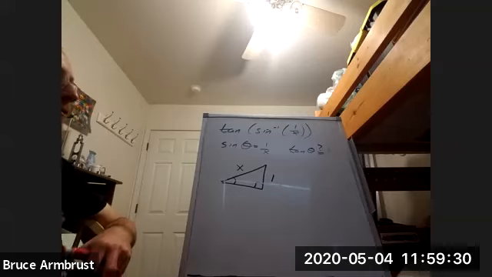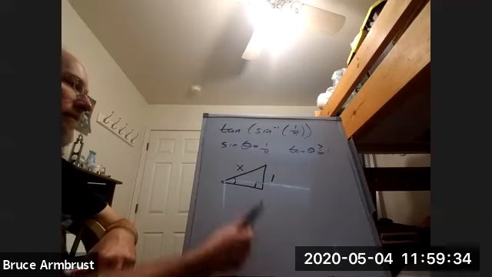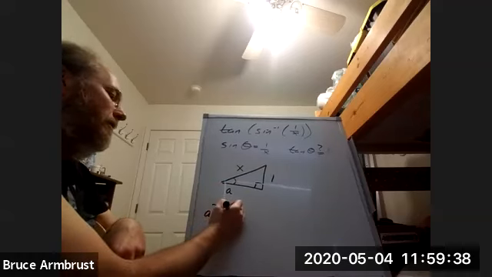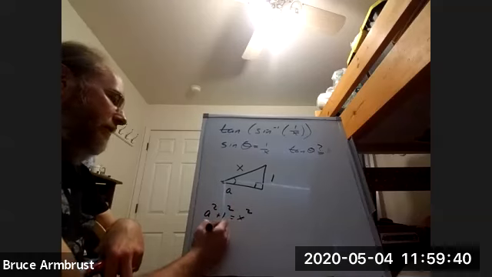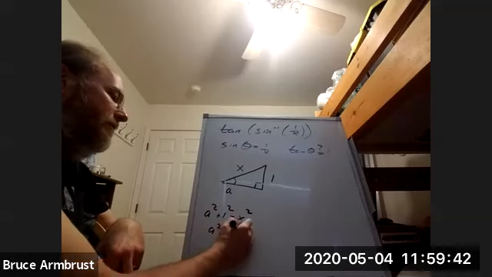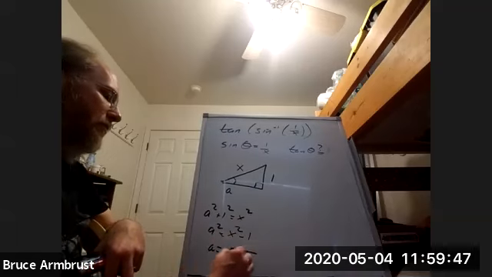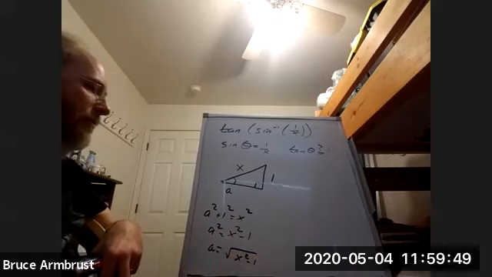All right, so if I want to find the third side, we're going to use the Pythagorean Theorem. I'll just call it A for right now. I know that a squared plus 1 squared is equal to x squared. So a squared is equal to x squared minus 1. So a is the square root of x squared minus 1.